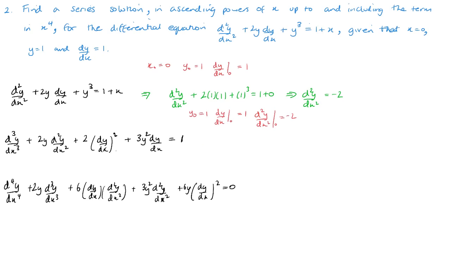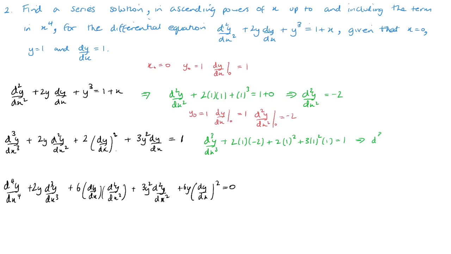So I've got d3y by dx cubed equals, 2 times y times minus 2 plus 2 times 1 squared plus 3 times 1 squared times 1 equals 1.